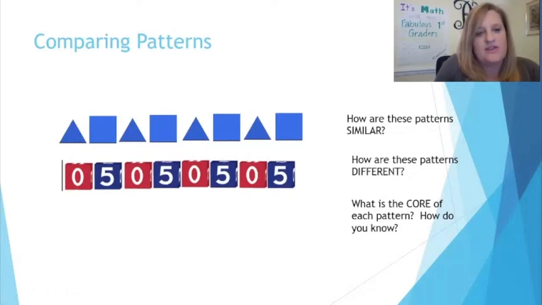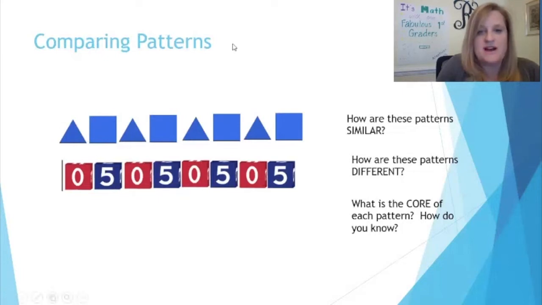Well, I know that the core is repeated in this pattern. So it's a repeating pattern. Both of these patterns have only two different things. So I have a triangle and a square, triangle, square, triangle, square. So the first two shapes are repeated in this shape pattern. The first two numbers are repeated in this number pattern.